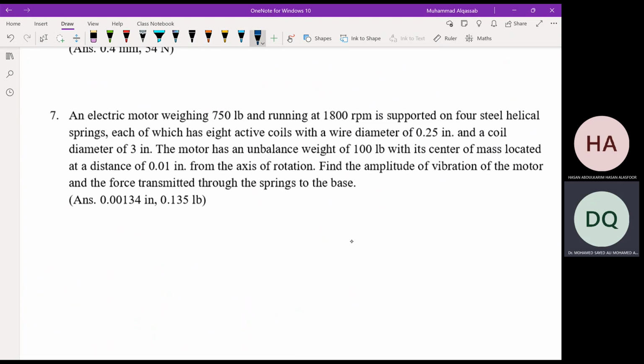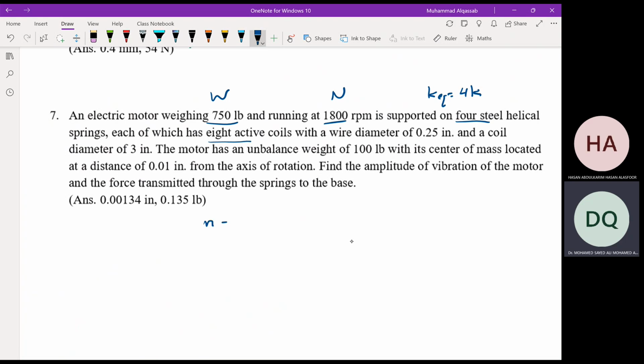Here the weight is given, and N is given in RPM, and we have 4 springs, so we need to get the equivalent K. All of them have the same specifications, each of which has 8 active coils.